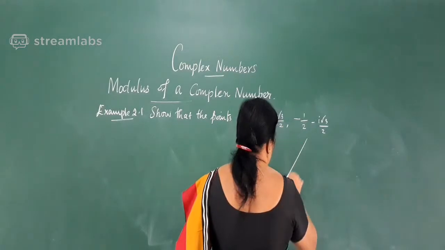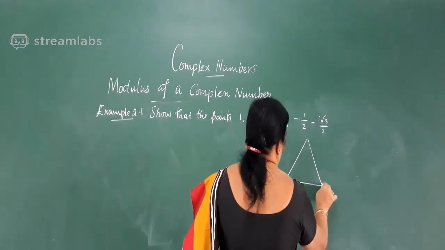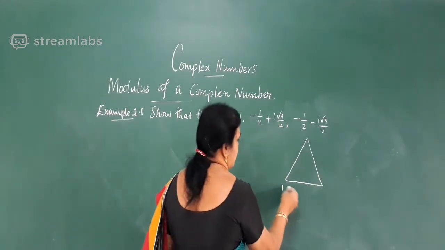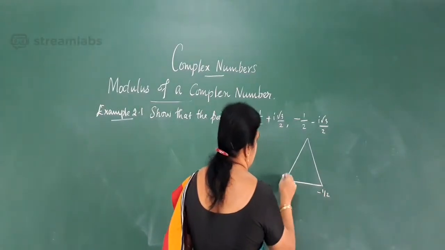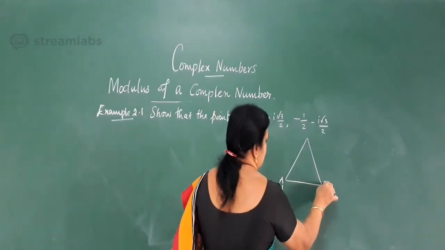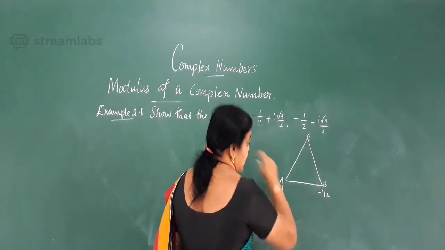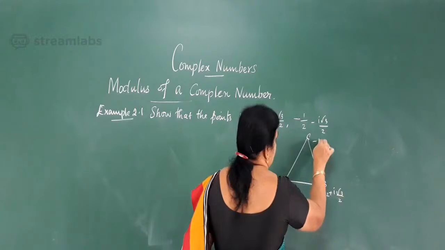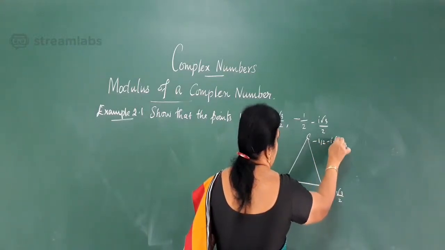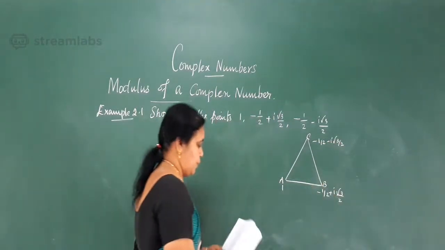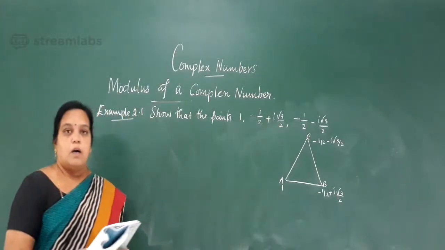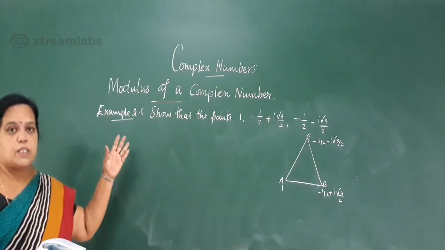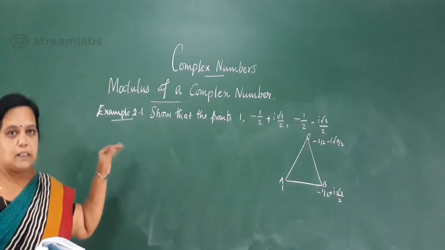See, take one triangle. They have given 3 vertices, here 1, name it A, B, C, minus 1 by 2 plus i root 3 by 2, minus 1 by 2 minus i root 3 by 2.